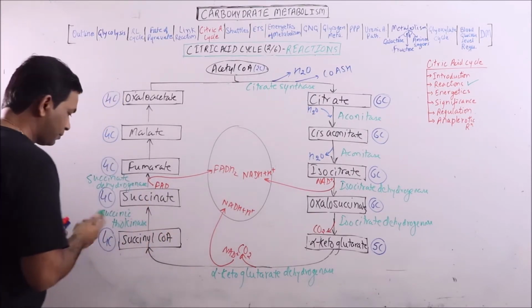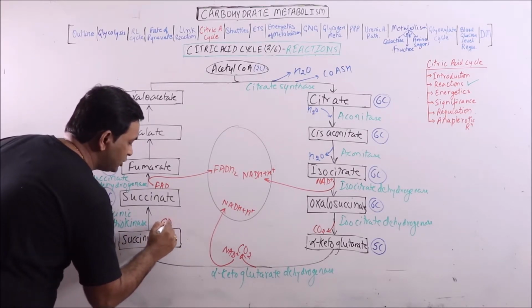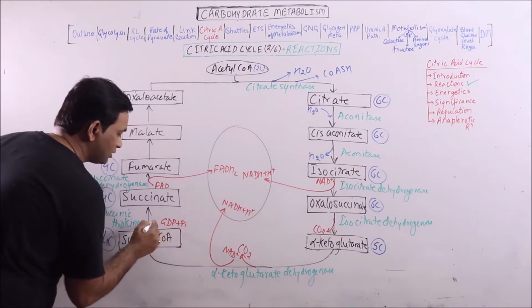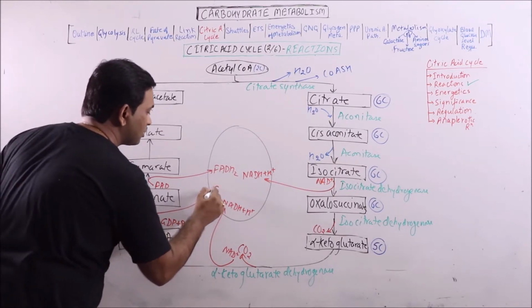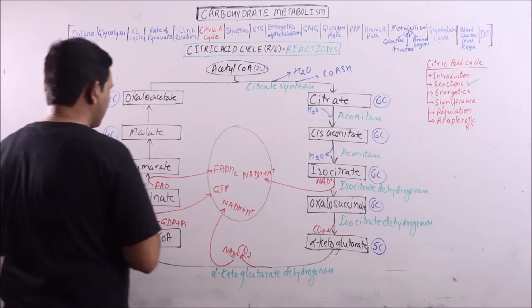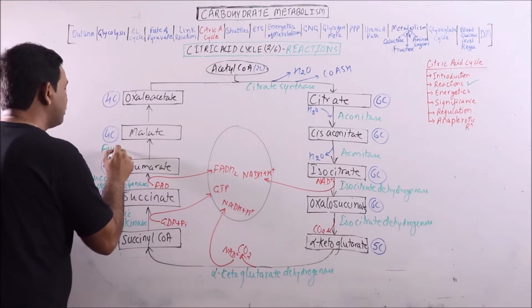In this step, one molecule of GDP takes one inorganic phosphate and becomes GTP. Then this is mediated by fumarase.